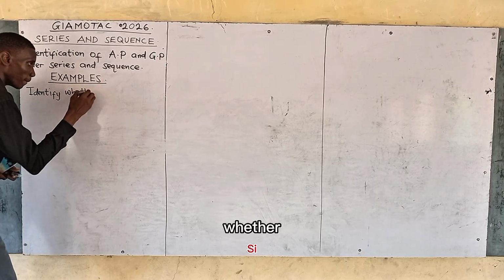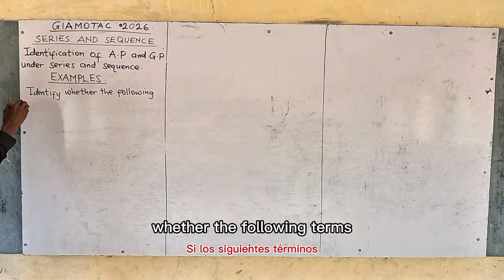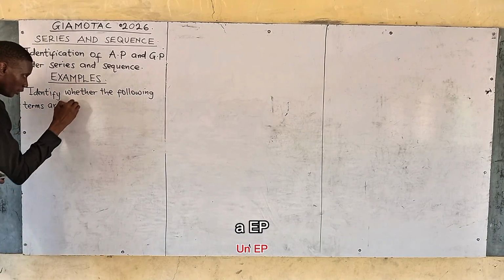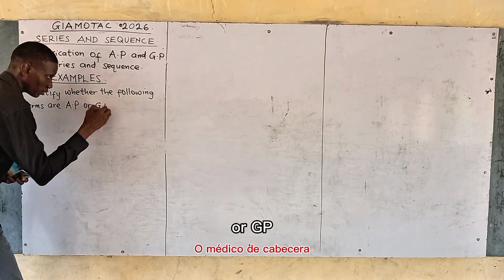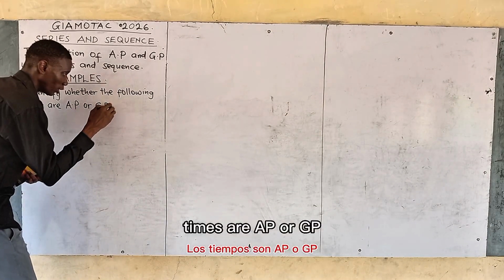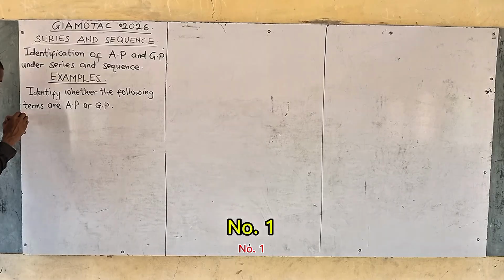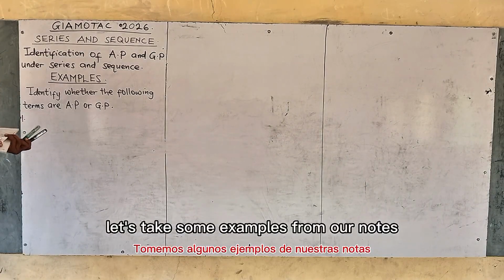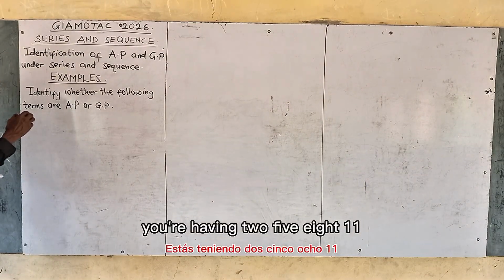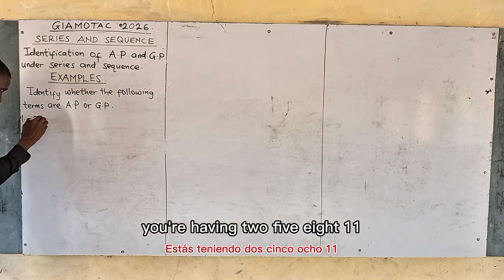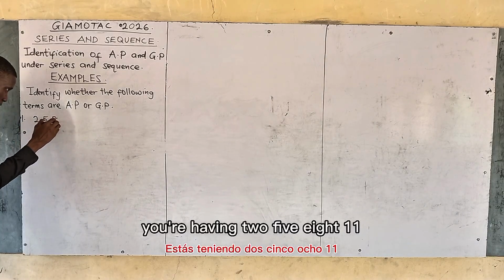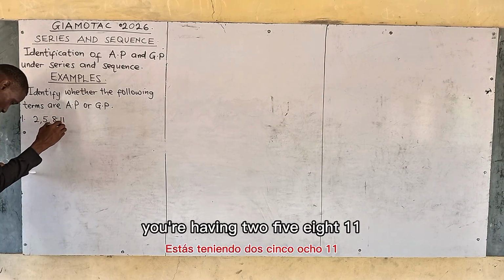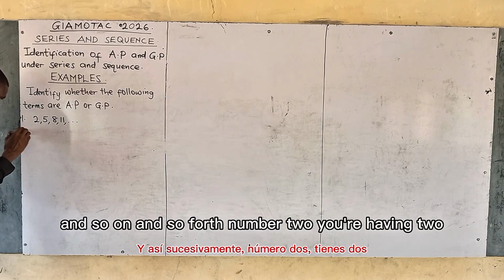Identify whether the following terms are AP or GP. Number one. Let's take some examples from our notes. We are having 2, 5, 8, 11, and so on and so forth.